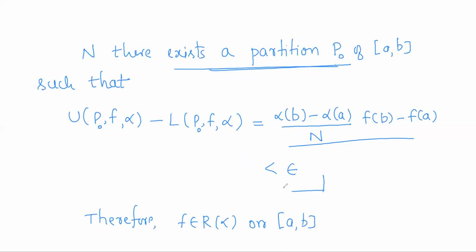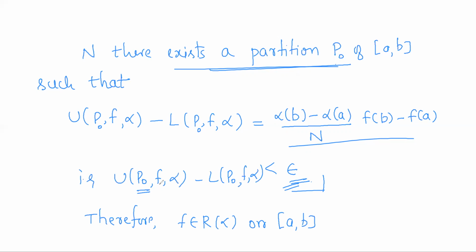In this way also we can argue that U P naught F alpha minus L P naught F alpha can be made less than epsilon, for some partition P.